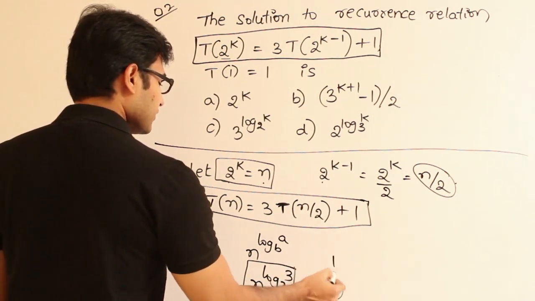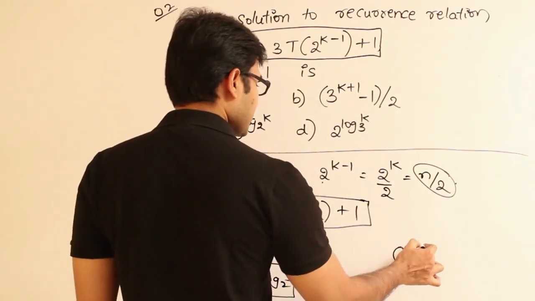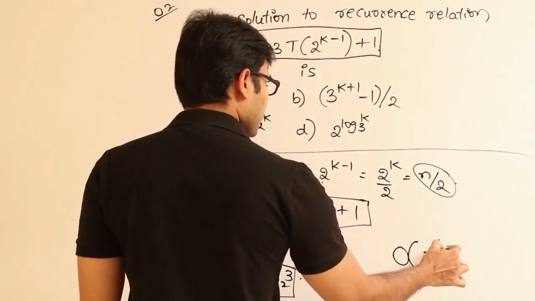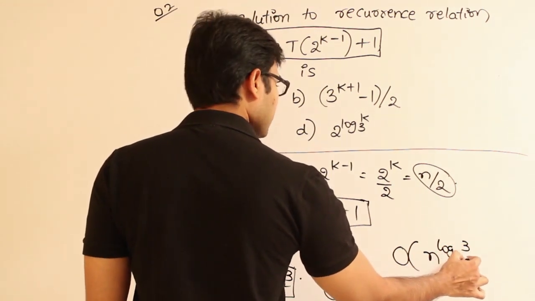If you compare both these functions, this one is going to be greater. Therefore the answer according to Master's theorem is order of n^(log_2 3).